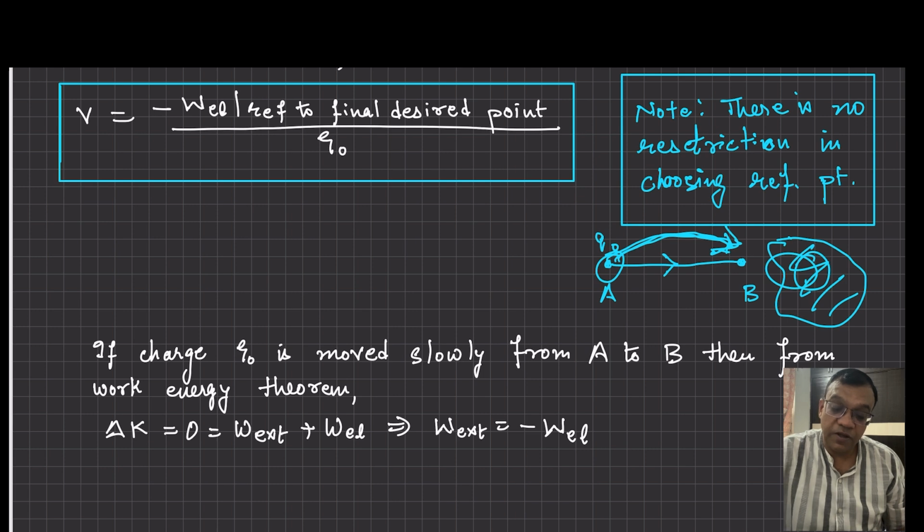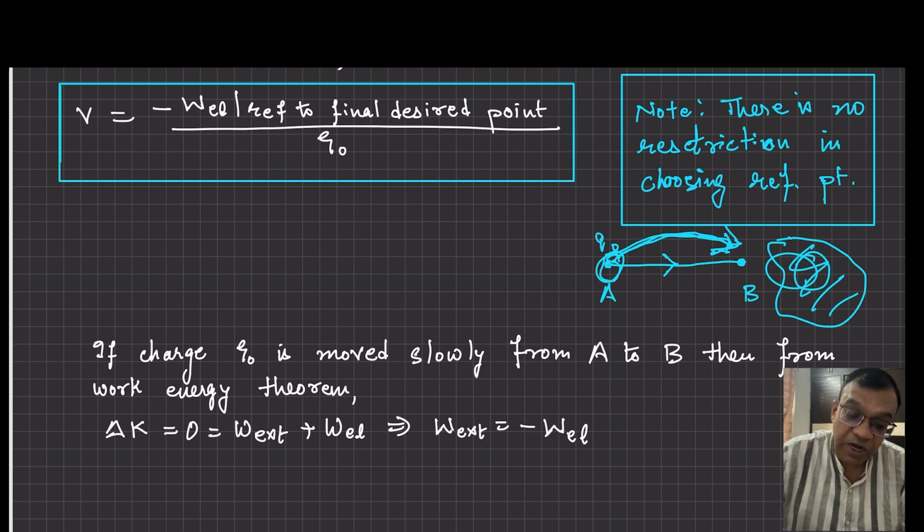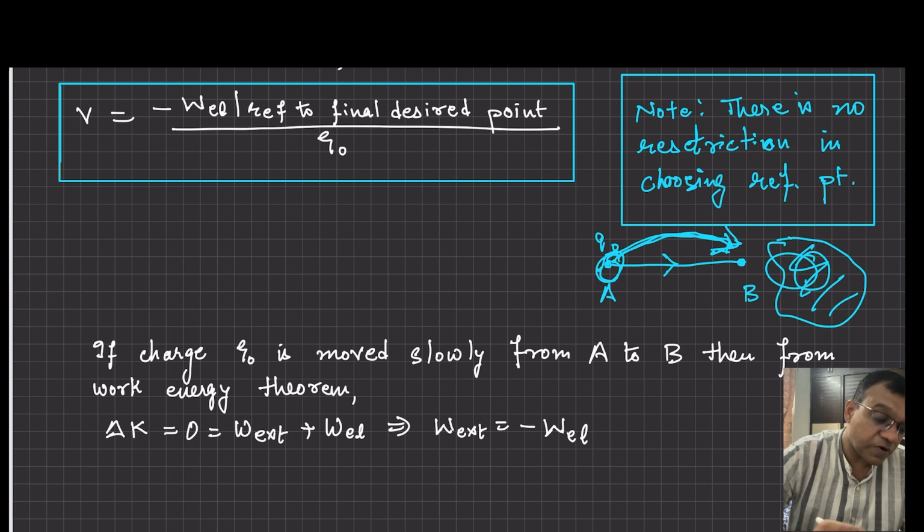Now, if we are taking the charge from A to B against or in favor of the electric field created by this charge distribution, which I have encircled by red color, then some external agent has to perform some work to move from here to here.